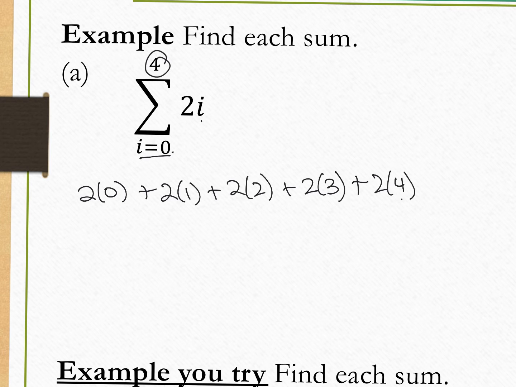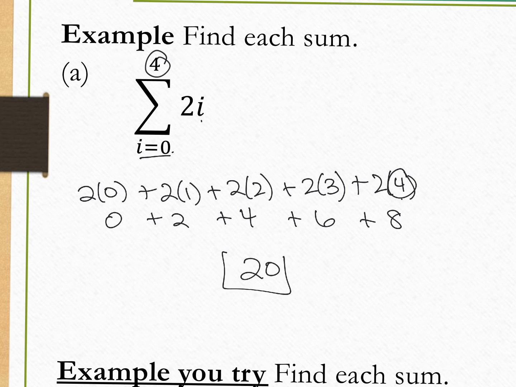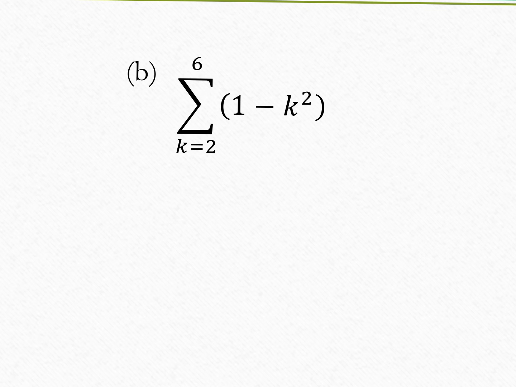And it matches our stopping point, so then we stop. Now we just simplify and add together. 0 plus 2 plus 4 plus 6 plus 8, which gives us a total of 20.